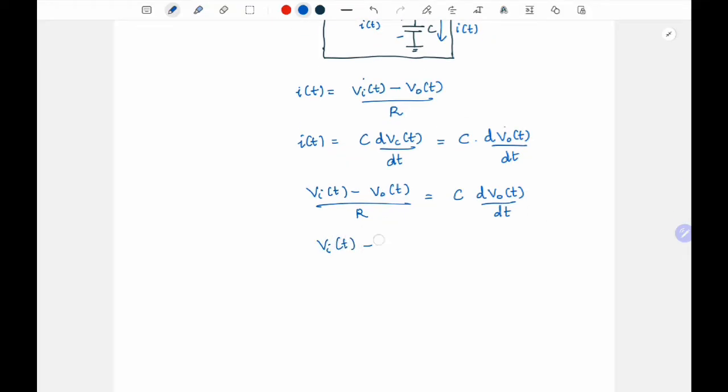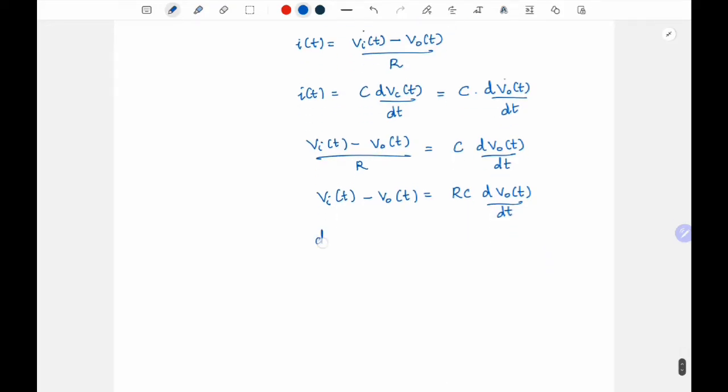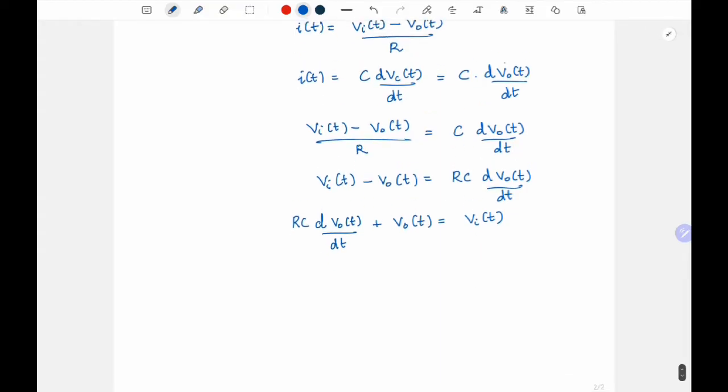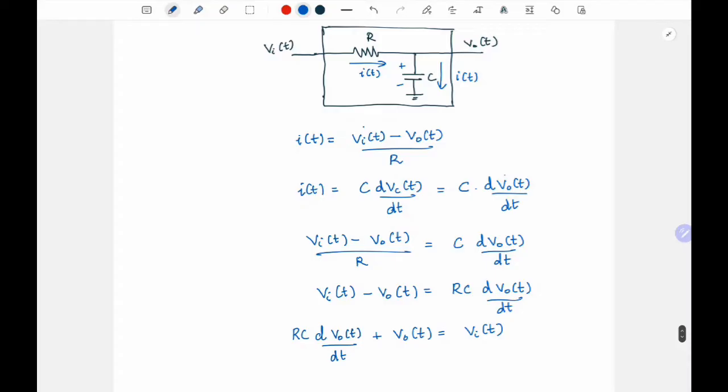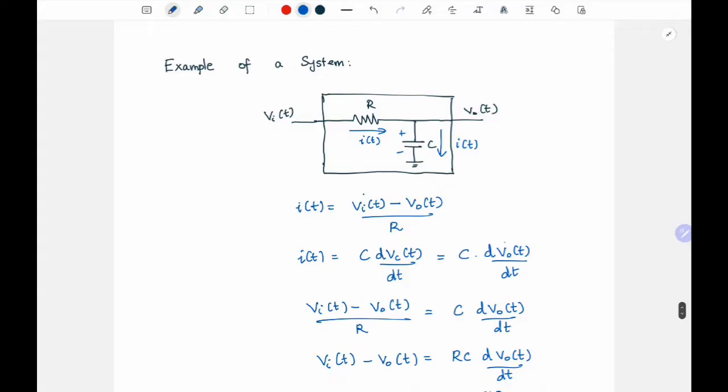We'll get Vi of t minus Vo of t is equal to RC dVo of t by dt. So let's bring all Vo of t to one side. So what will I get? RC dVo of t by dt plus Vo of t is equal to Vi of t. So we get a differential equation relating the output voltage to the input voltage, right? So this can serve as the definition of the system itself. So that is all with this example.